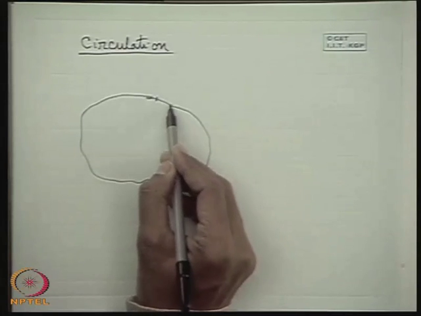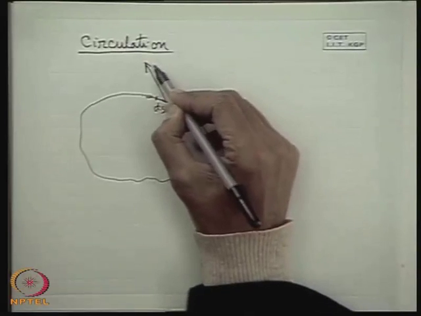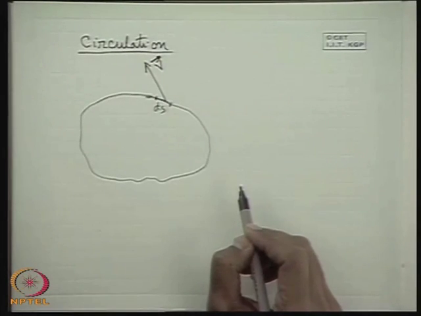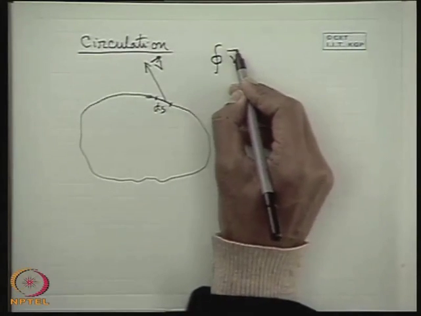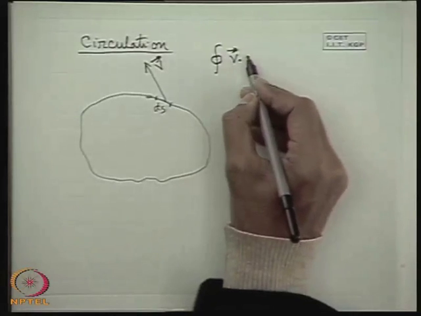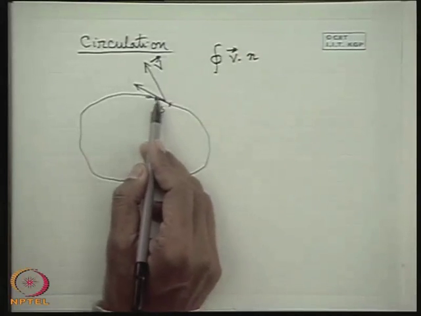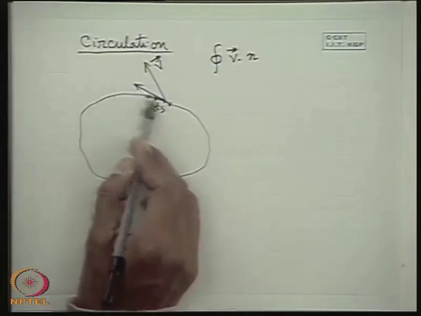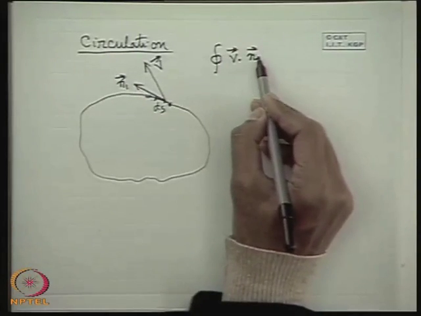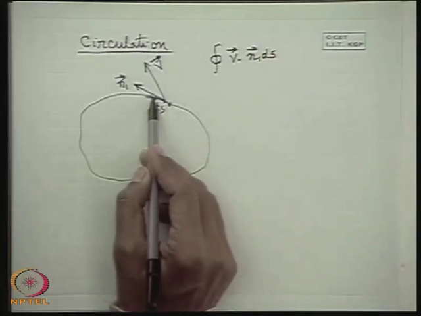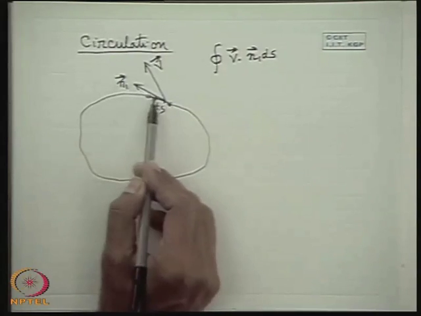Now if we designate some small elemental length as ds, where the velocity vector is v bar, and define a unit vector n1 along the tangent to the curve at this point, that means along the direction of this linear element ds, then n1 ds means that the elemental ds is given a vector concept by multiplying it with a unit vector along the tangent.